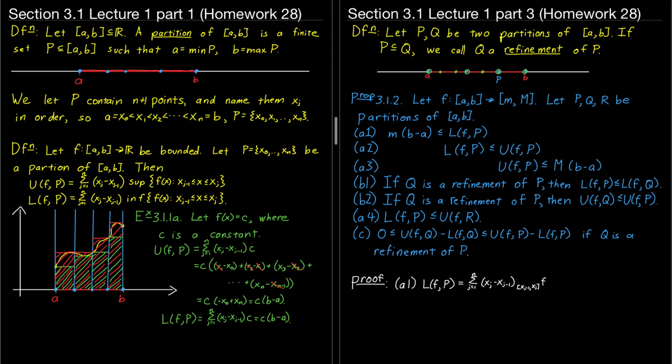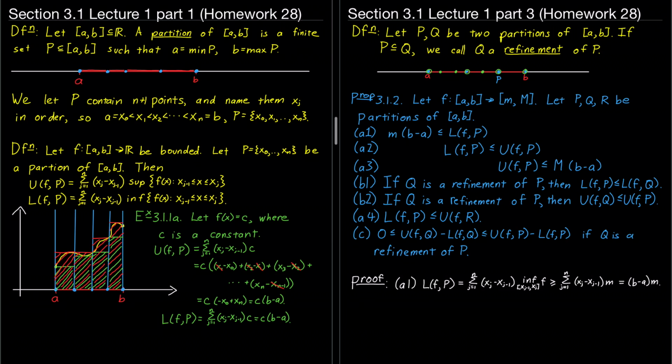Sorry, not the supremum, the infimum. But the infimum over that interval, f is always bigger than little m. Little m is a lower bound, so it's certainly less than the greatest lower bound. So we're left with b minus a times our lower bound.